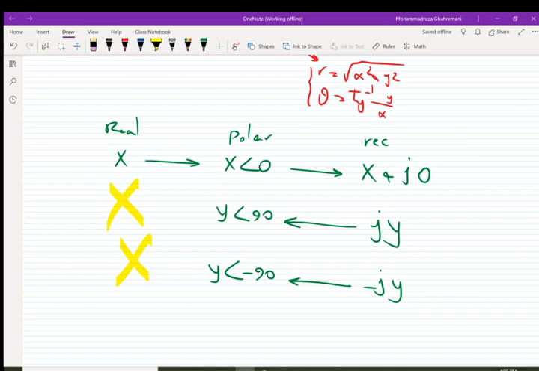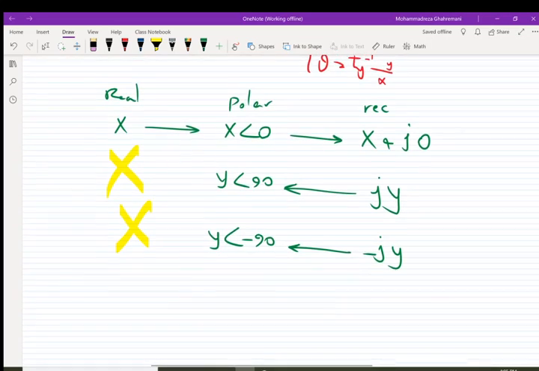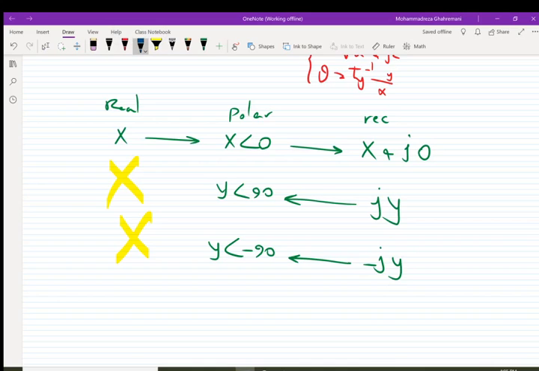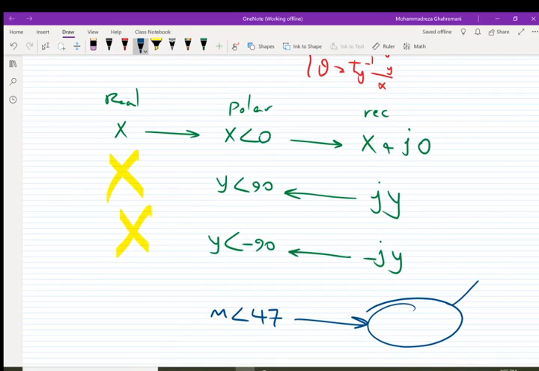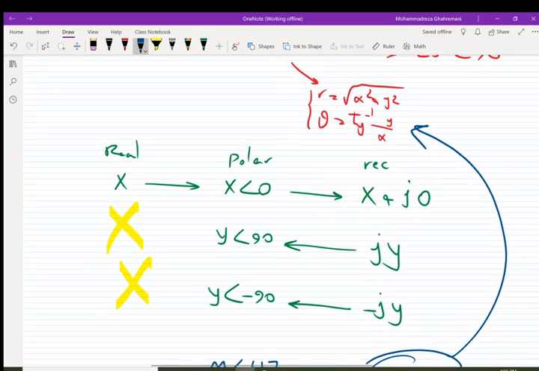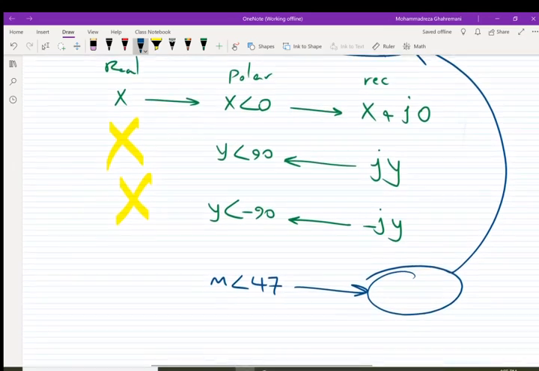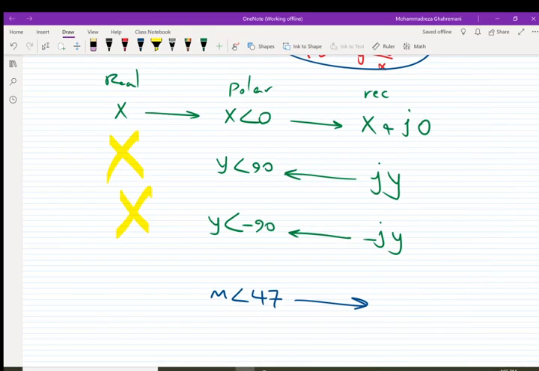But if we have, for example, m with the angle of 47, and we want to convert it to rectangular form, definitely we have to go with these equations and find it. But for some specific values, there are some shortcuts.